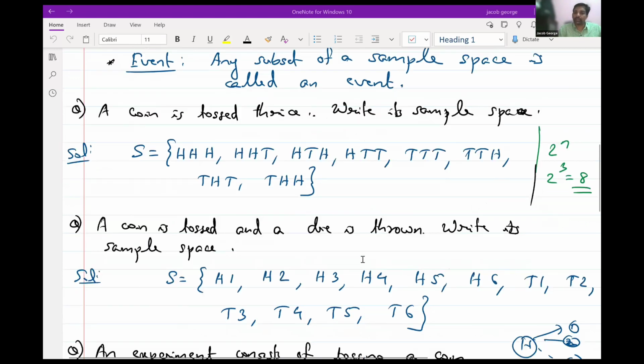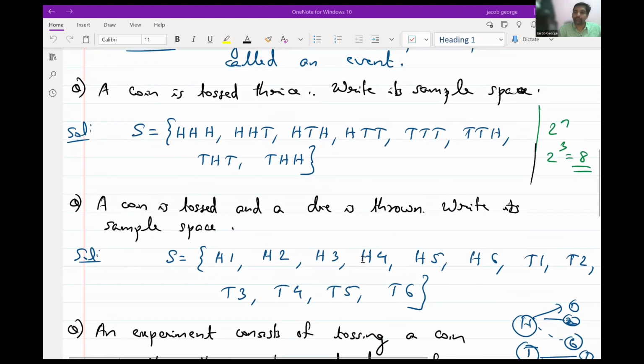Now the second model question I did last class for writing sample space. A coin is tossed and then a die is thrown. This type of connected events can also be asked in class 11. Coin is tossed means head and tail. Then a die is thrown, so with head: H1, H2, H3, H4, H5, H6.